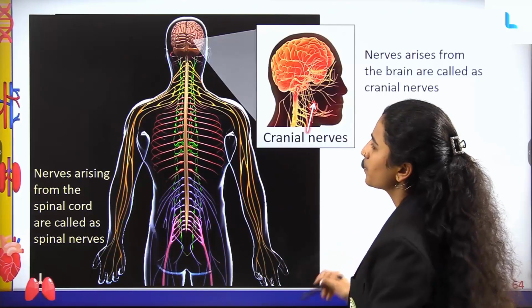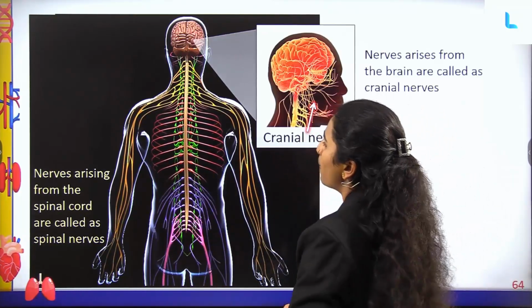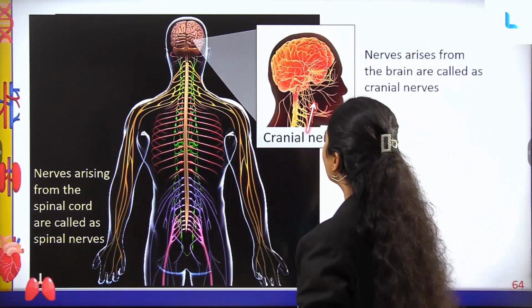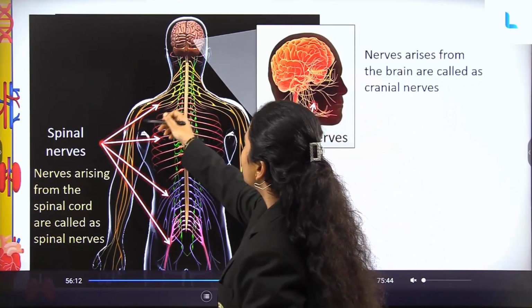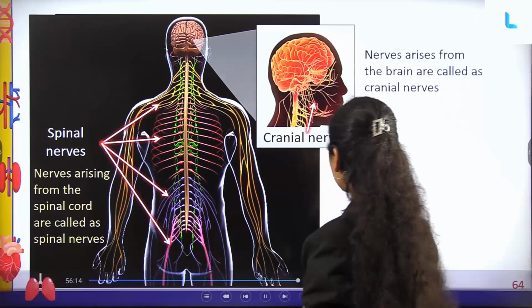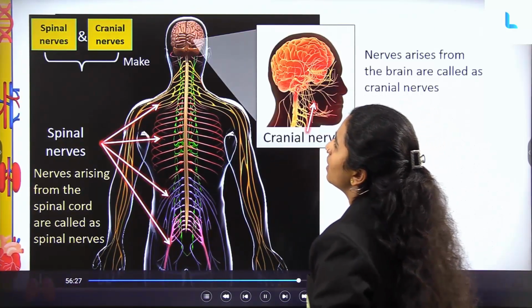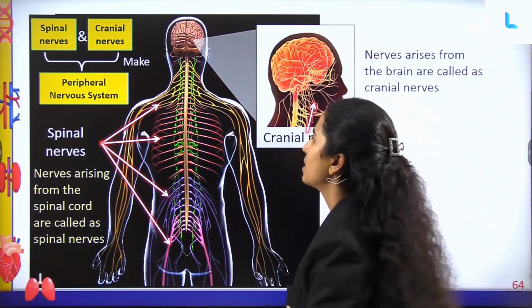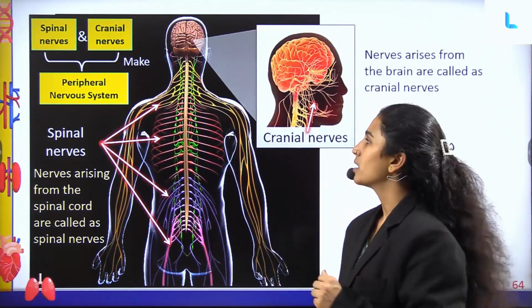Nerves arising from the spinal cord are the spinal nerves. Now cranial and spinal nerves together make the whole peripheral nervous system.